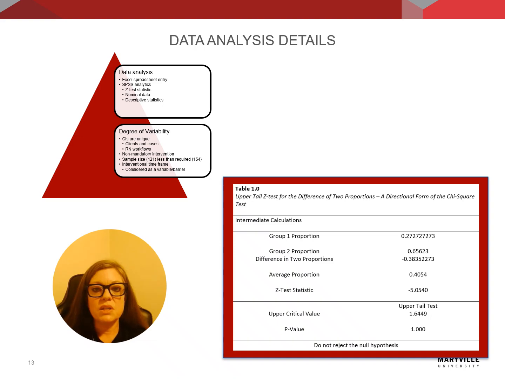Degree of variability was expected as all contact investigations are unique to both the specificity of the index case client, each contact's individual needs, and the registered nurse's workflows and processes. Additional factors for the project that were considered include the non-mandatory nature of the intervention, the small sample size of 121, and time as a variable and barrier.